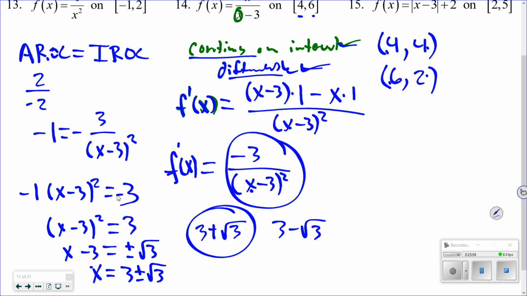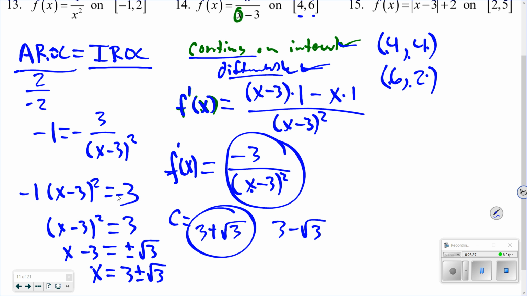That's what c equals. That is the c value when the instant rate of change equals the average rate of change. When the slope of the secant line, the line that goes through x is 4 and x is 6, through these 2 points right here, is equal to the slope of the curve, the instantaneous slope.